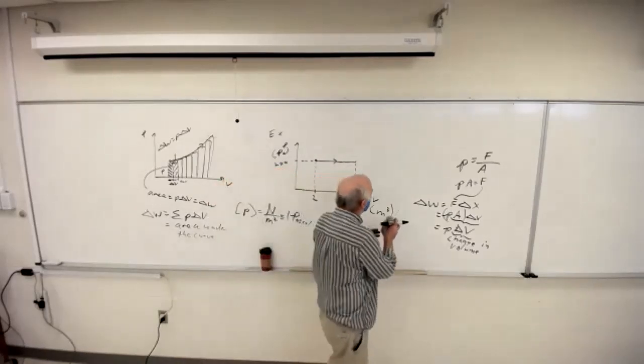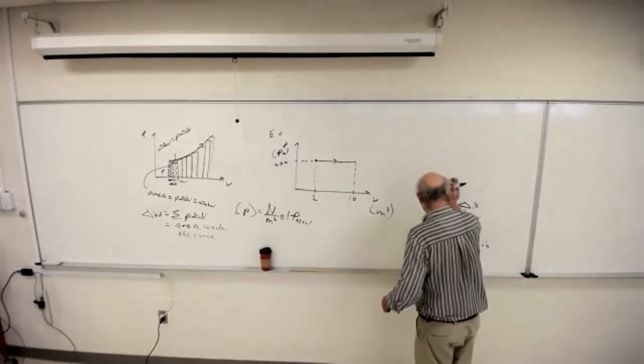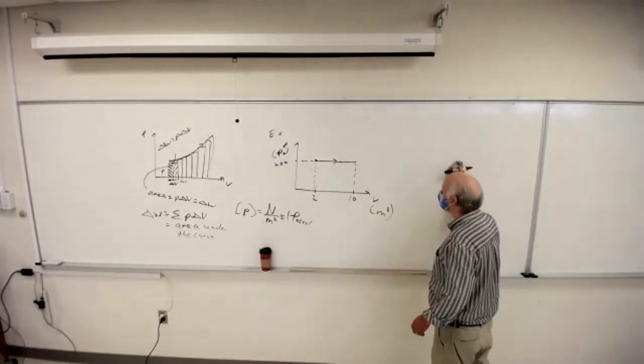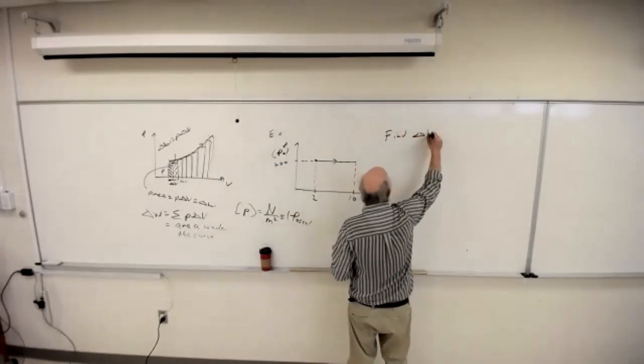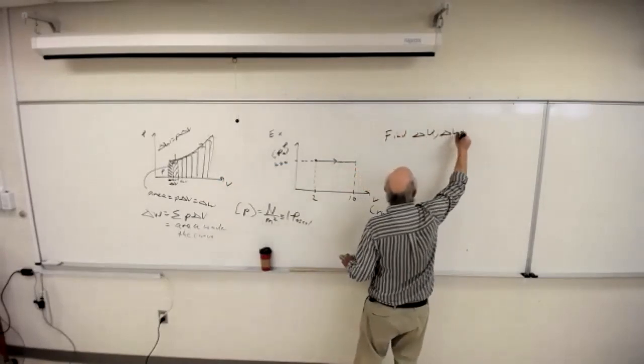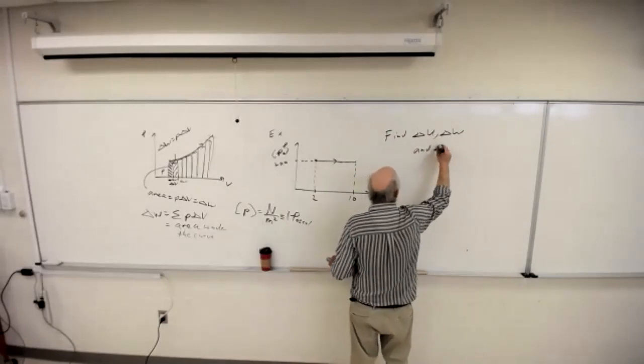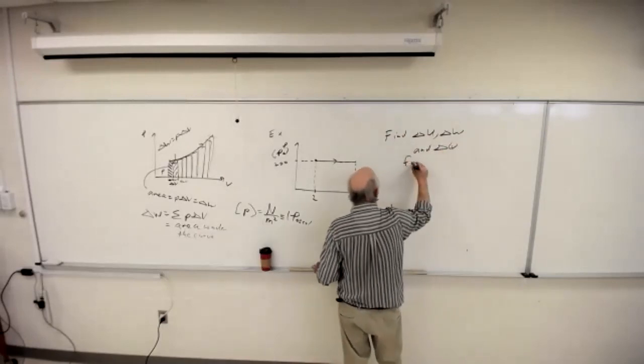I want you to find delta U, delta W, and delta Q for this process.